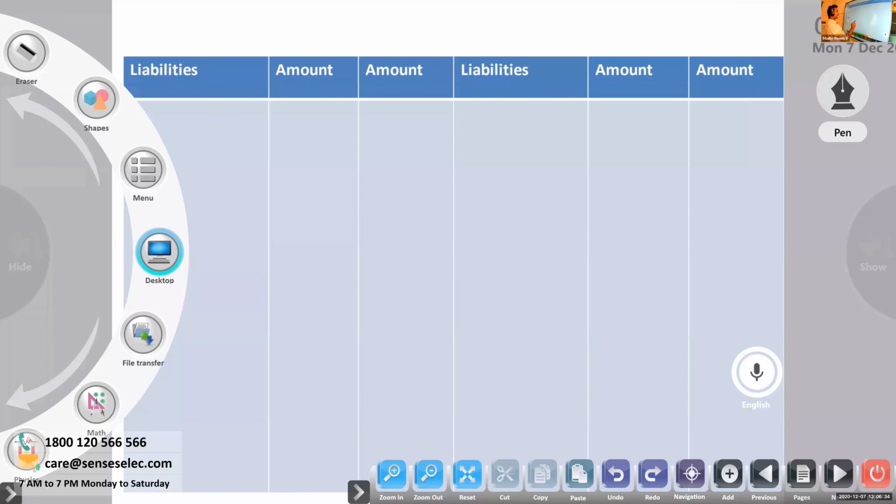Next, car, asset. First year nil, second year 80,000. Next, stock, asset. Stock 40,000, 30,000. Next, furniture. Furniture 8,000, 48,000.